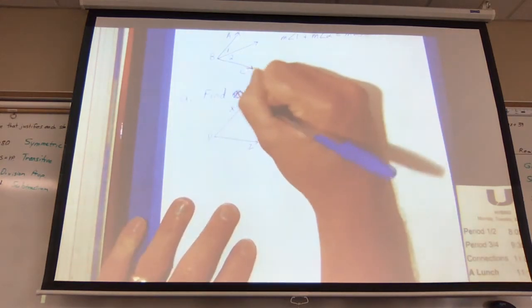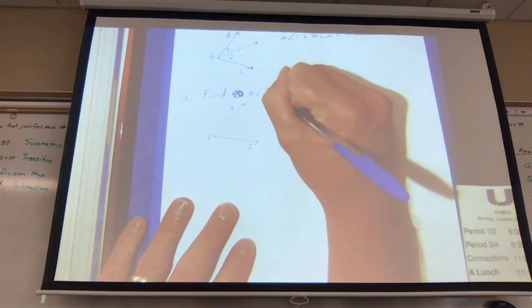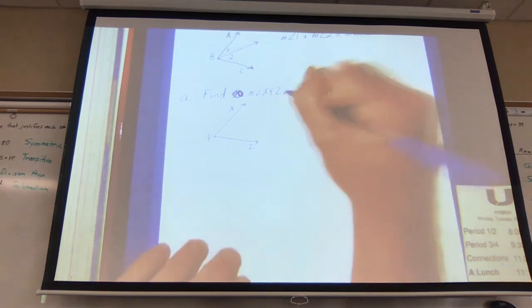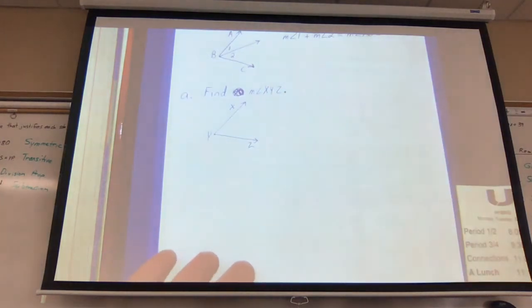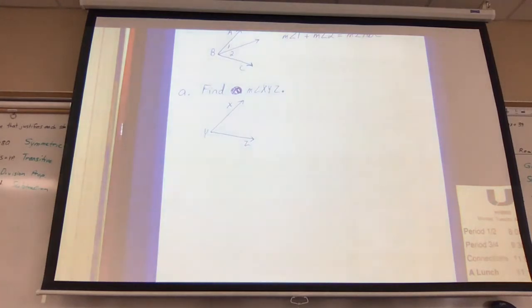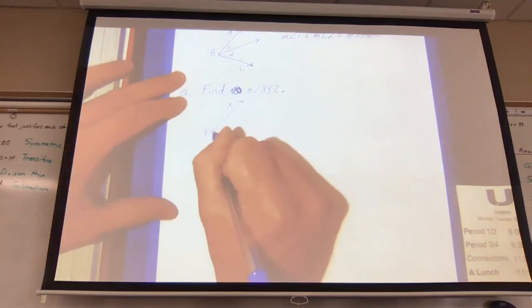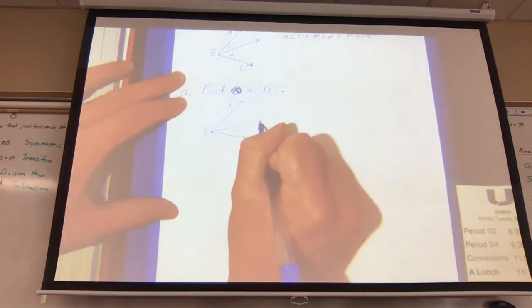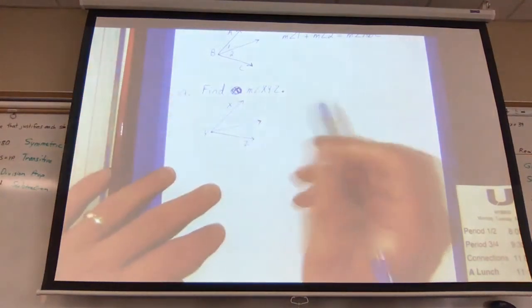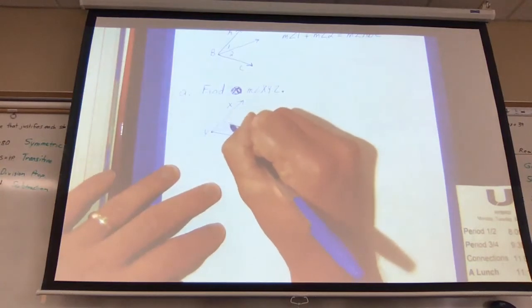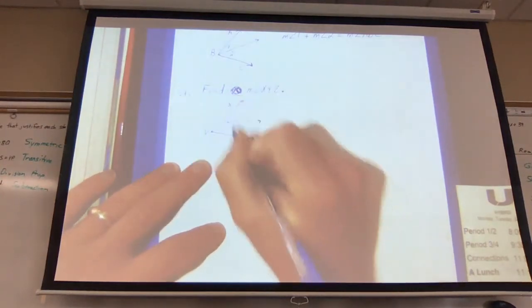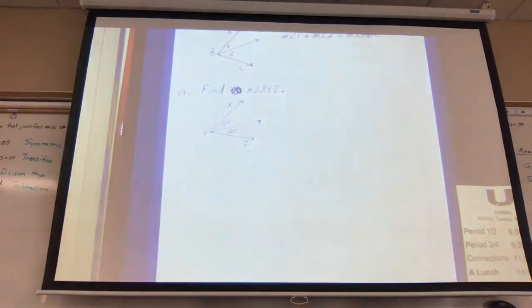Actually, I don't want to find X. I want to find the measure of angle XYZ. And then inside this angle, we're going to split it up into two little angles. I have a 35-degree angle here and a 20-degree angle here.